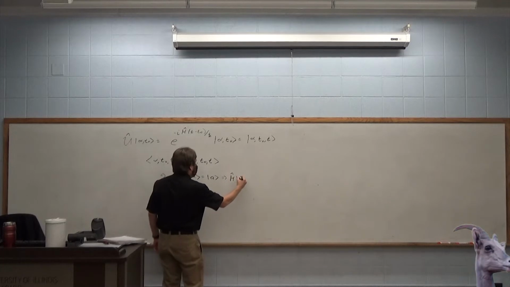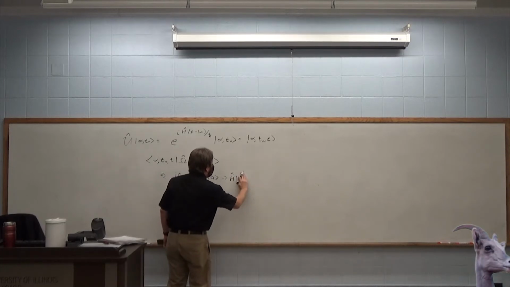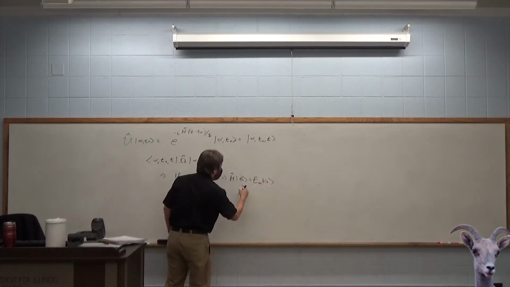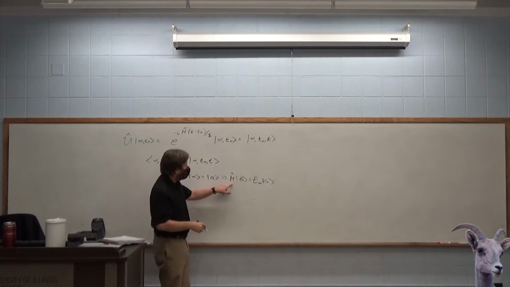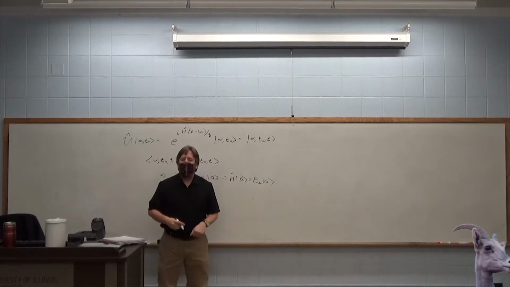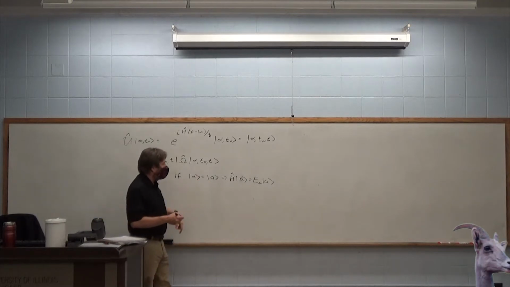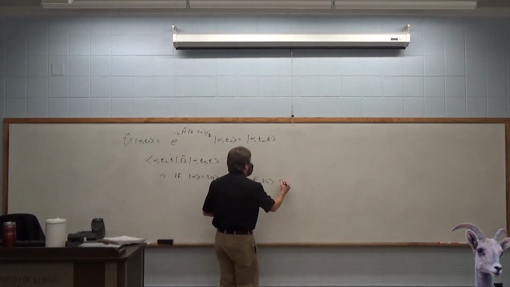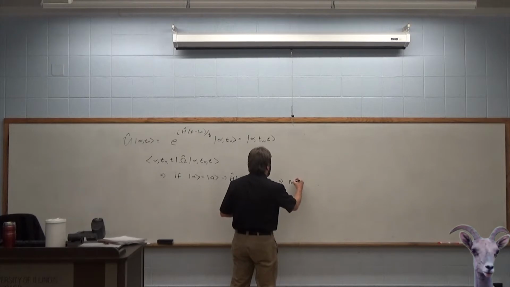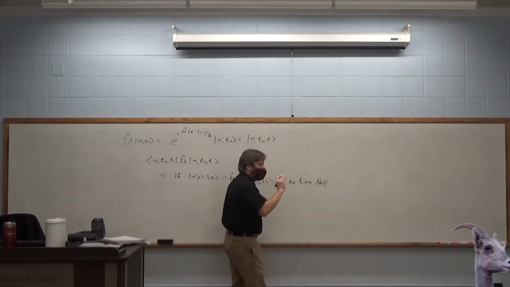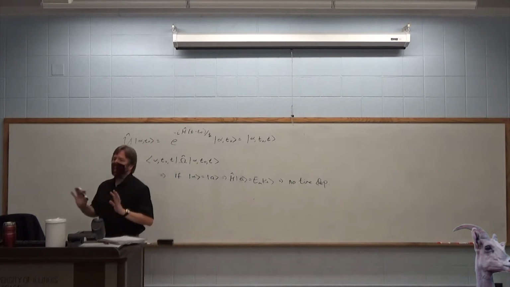So if your state is a single state of the Hamiltonian, okay, so notice what I've done is I said state A is an eigenket of the Hamiltonian. I just stated that. And this state is the same, then there's no time dependence to anything. Nothing is changing in time.